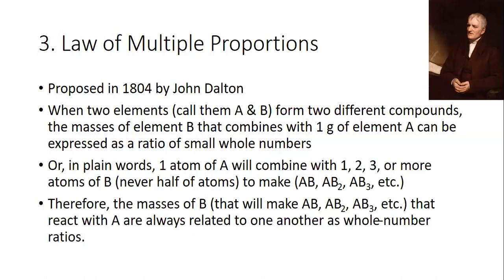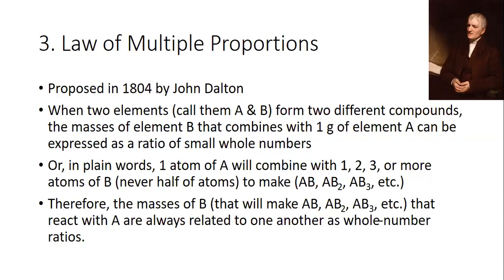And what he said is that you have two elements, and we'll call that element A and element B. And when you form two different compounds with these elements, if you combine element B with 1 gram of A, and you get two different compounds, you'll get a ratio of small whole numbers.